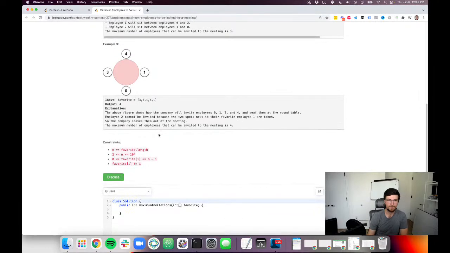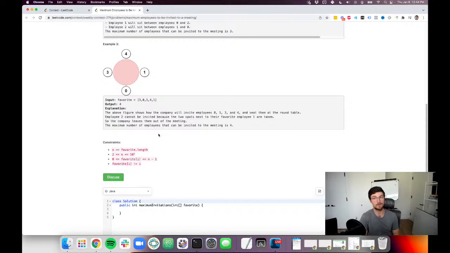All right, so let's think about this. My immediate thought is, okay, where do we end up with a contradiction here? The first contradiction that obviously comes up is that if more than 2 people want to sit next to anyone, then someone's going to be excluded, right?